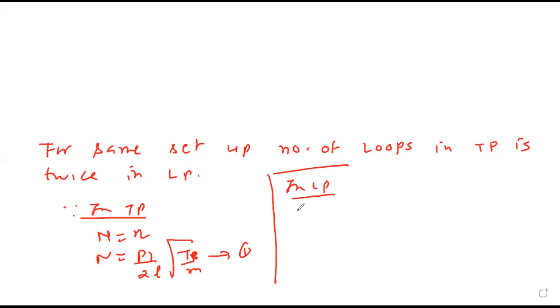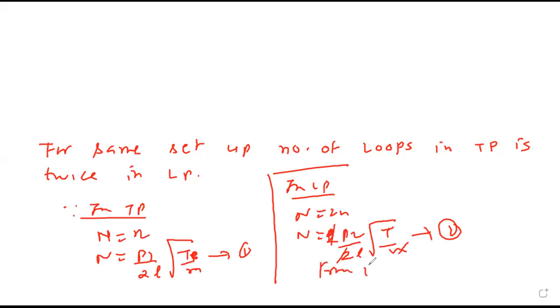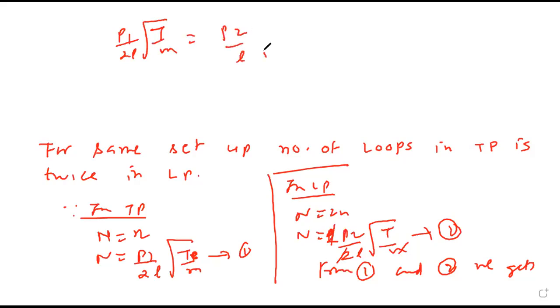In longitudinal position, n is 2n. So it is 2 times p2 upon 2L2 root of T by m. So from 1 and 2, we get p1 upon L1 root of T by m is equal to p2 upon L2 root of T by m. Root T by m cancels. So number of loops in transverse is twice that in longitudinal. Complete.